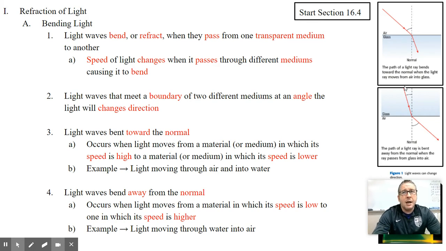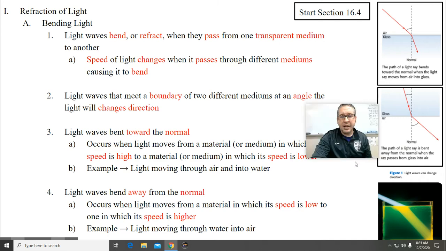But anyway, when we have light waves, they are going to bend, or as we say, refract, when they pass from one transparent medium to another. That's because the speed of light is actually going to change when it passes through different mediums, and that's going to cause it to bend. So basically, if light is going to speed up or slow down as it goes between various transparent mediums, that's going to change its direction.